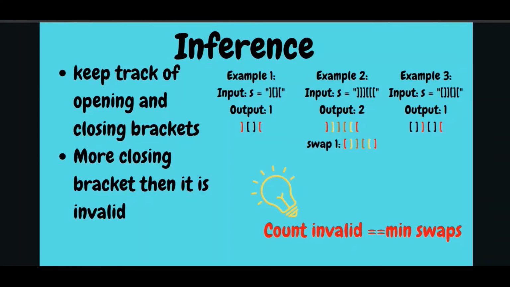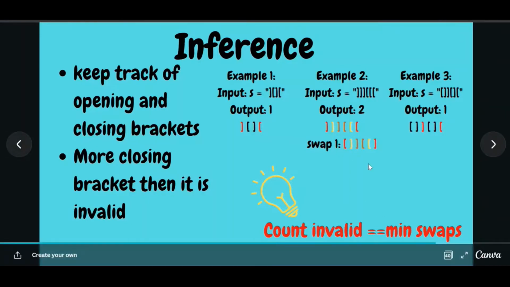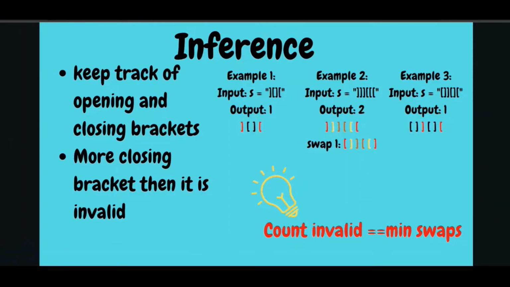If the closing is more than opening, then that is definitely an invalid case. That invalid case can be an indication that we have to swap. So one point to keep in mind to design our algorithm is that we have to count the invalid cases, and that will automatically become our minimum swaps.